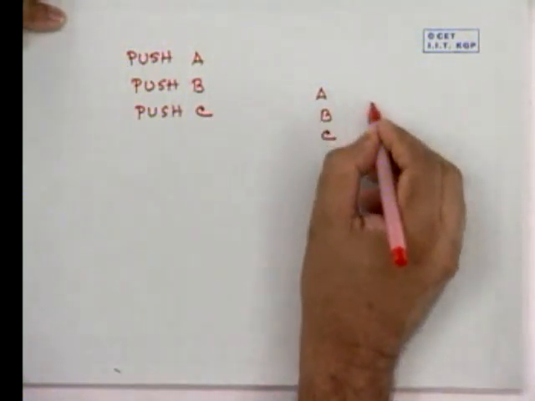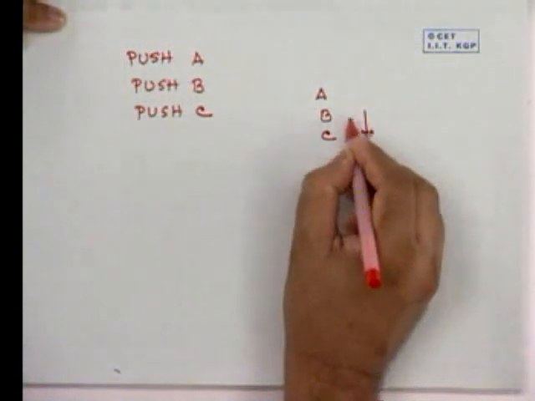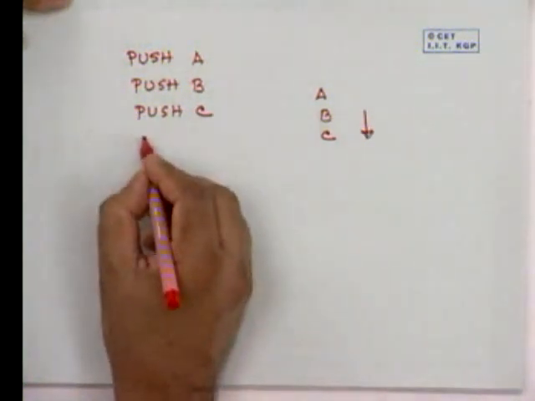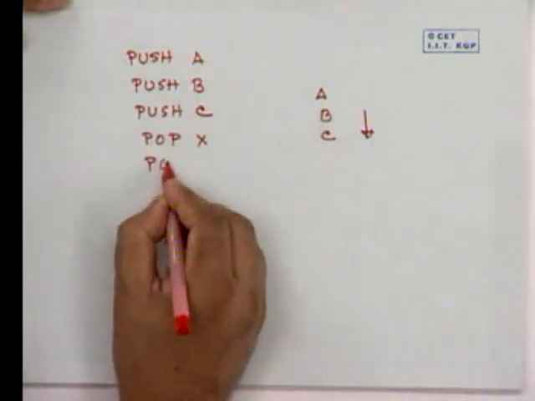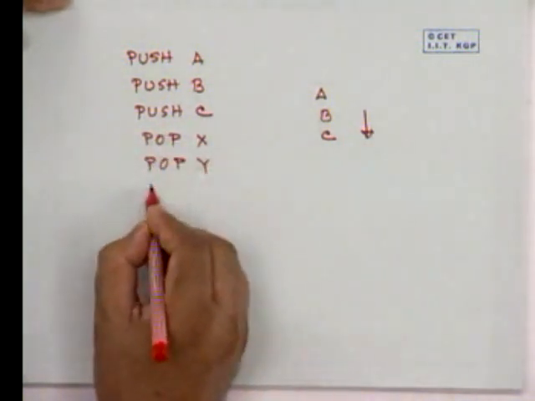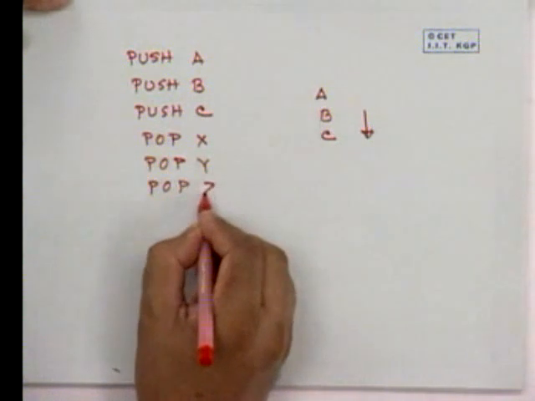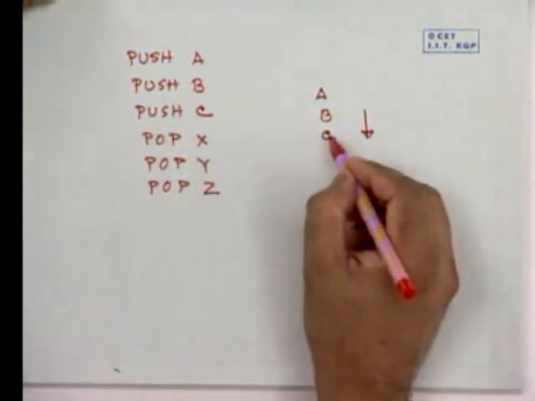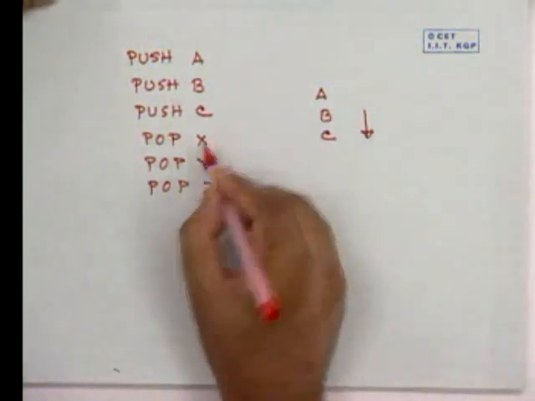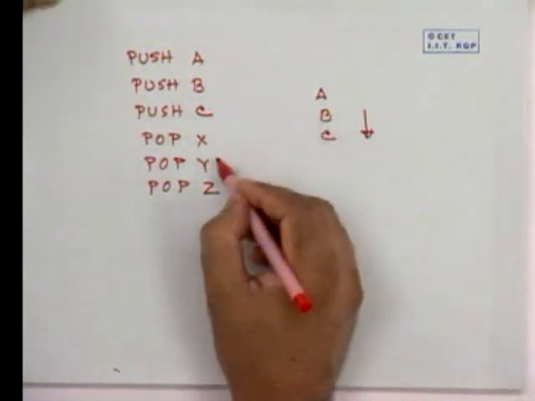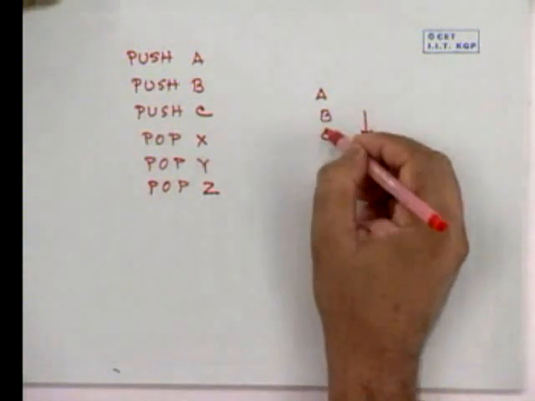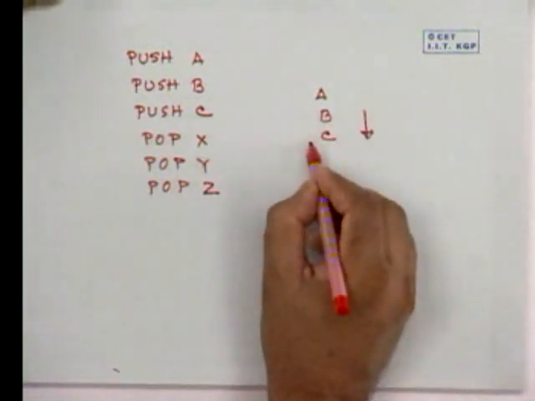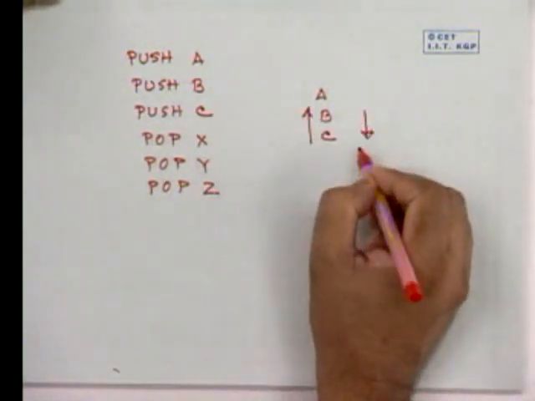I am assuming that the stack is growing towards increasing memory location, and then I say pop X, pop Y, and pop Z. Then C will be taken out first and goes to X, B will be taken out second and will go to Y, and A will be taken out third and go to Z. Therefore, popping will take place in the reverse order in which the pushing has taken place.